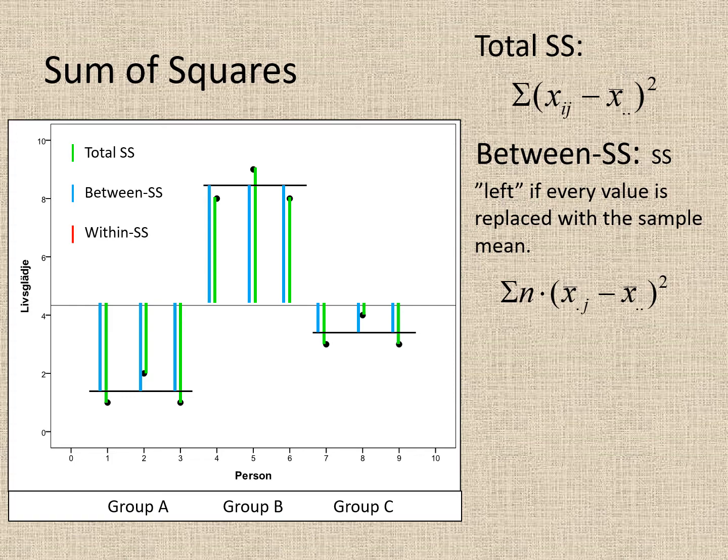And after that replacement, we do the same thing. So for each value, we take the sample mean minus the total mean and square that, and the sum over all individuals. This much sum of squares, this much variation would be left if we replaced every individual value with the sample mean.